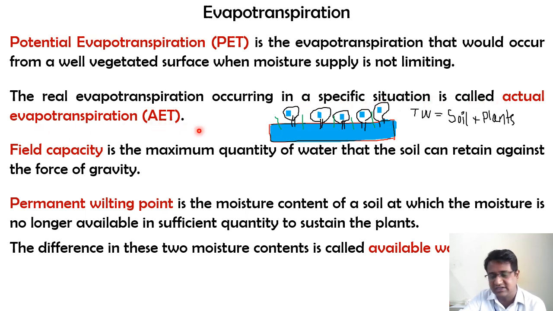Now check this out. In potential evapotranspiration, I told you the entire soil should be completely saturated, right? But in the actual case, most of the time the soil will not be completely saturated in practical cases. This is for sure.